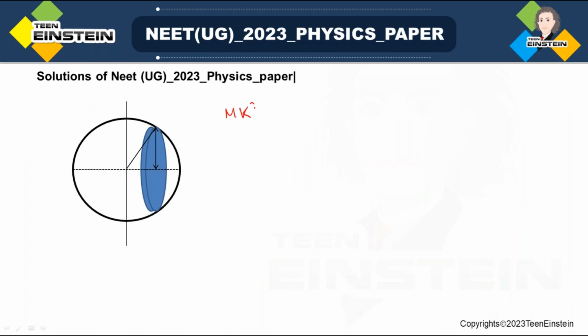So moment of inertia equal to MK square. We have got 2 by 5 MR square. So K will be how much? Square root of 2 by 5 times R. Okay, so this is one.